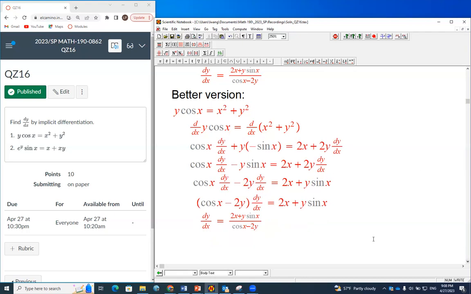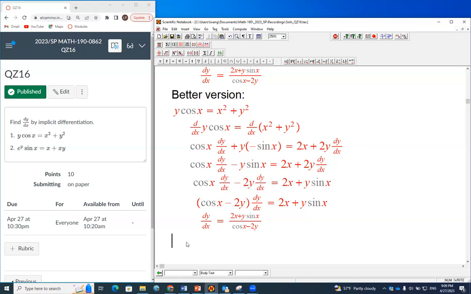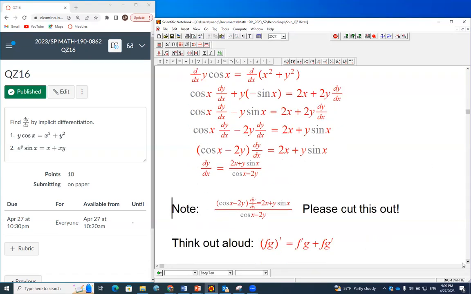Yeah, that'll be fine. You can, of course, even cut this out. You can even cut that out. But anyway, I think I have pointed out most of the things that you need to do and what you don't need to do.